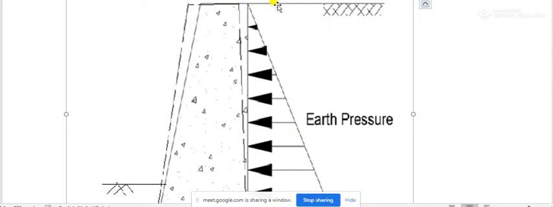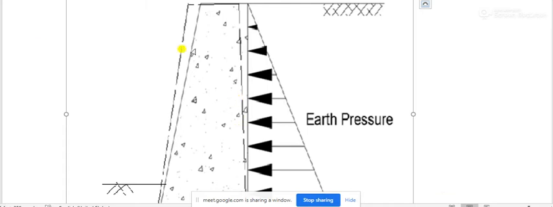That means this part of soil has a condition to increase its volume, because there is space up to the back surface of the retaining wall.